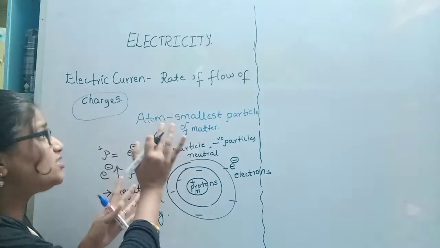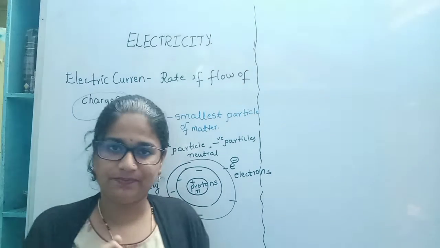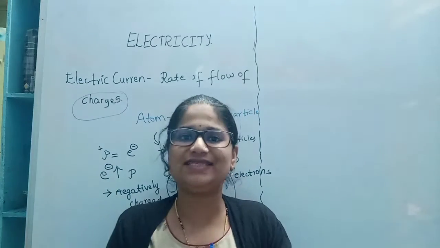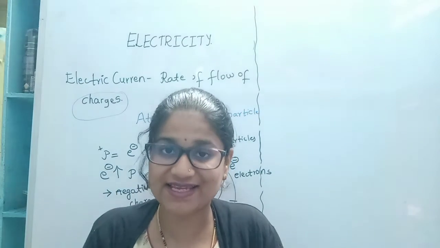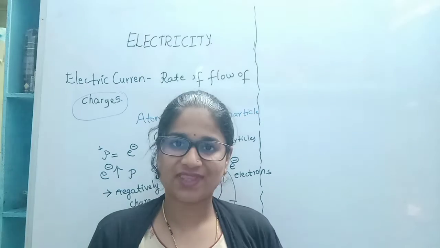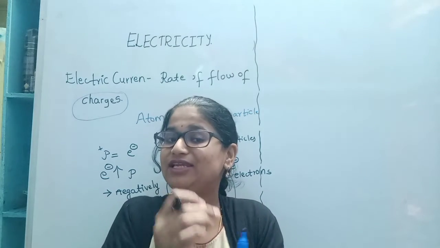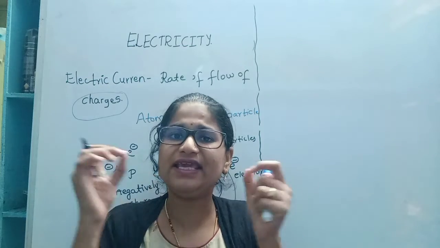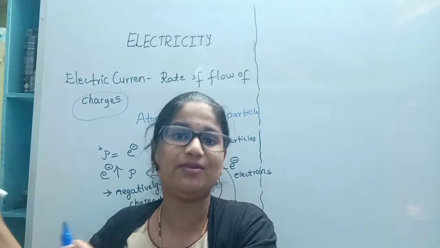This concept of electric current originated because of the discovery by a great scientist, Thomas Alva Edison, who did not fail at all to try. You remember, he did not fail in trying. He tried and he discovered the electric bulb.